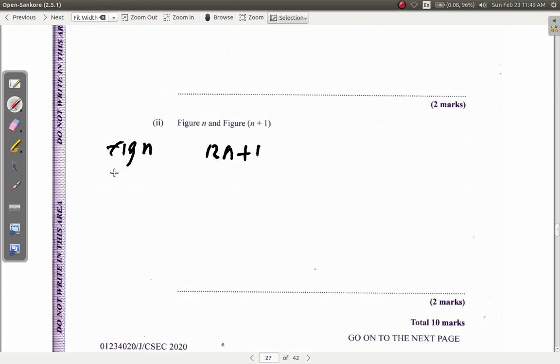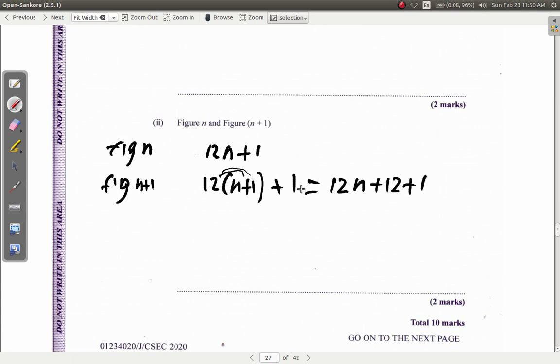Now what about figure n plus 1? Figure n plus 1, the number of dots would be 12 times n plus 1, plus 1. You see that? So this would amount to 12 by n, would be 12n, plus 12 times 1 is 12, plus this one here. So it would amount to 12n plus 13.